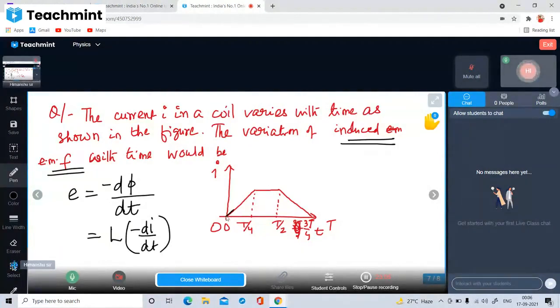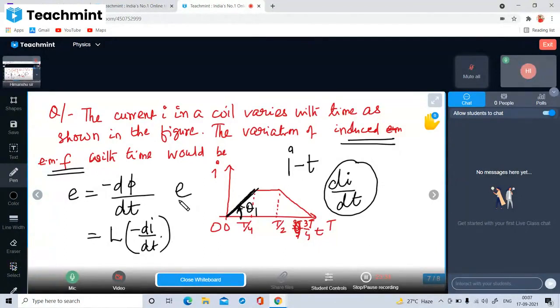So here di by dt is the slope in the i-t graph, the first derivative. This slope is positive as it makes an acute angle, theta 1 is an acute angle. So positive slope means positive di by dt. If di by dt is positive, then EMF will be negative, of course, because of the minus sign here.